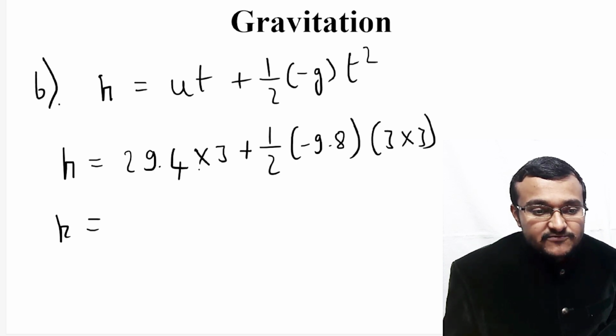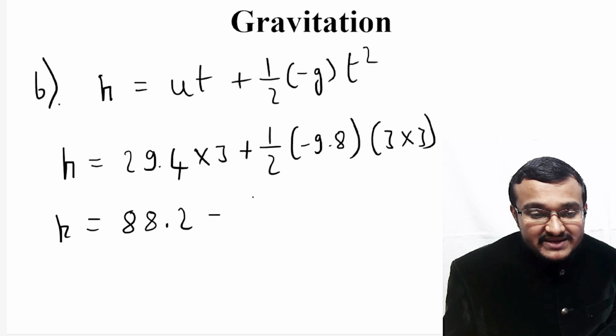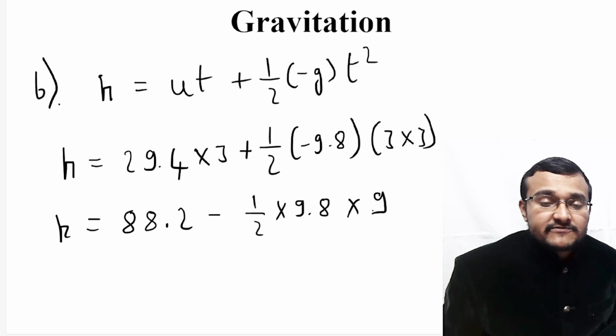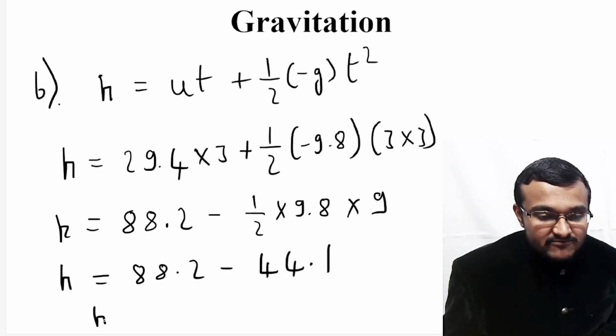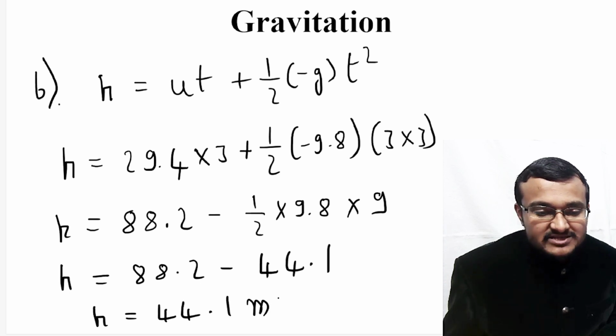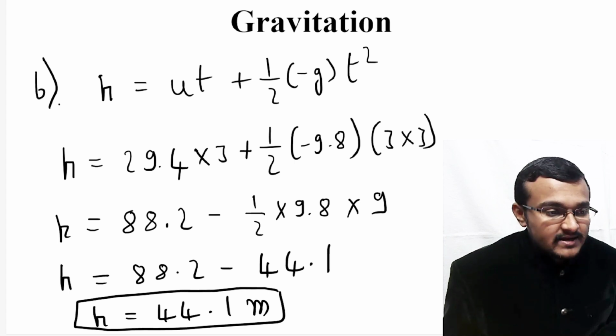So 29.4 into 3 is 88.2. So 88.2 minus 1 by 2 into 9.8 into 3 into 3, which is 9. So now if you calculate this, 88.2 minus 44.1 is equal to 44.1 meter. So that means the maximum height which this ball has reached is 44.1 meter.